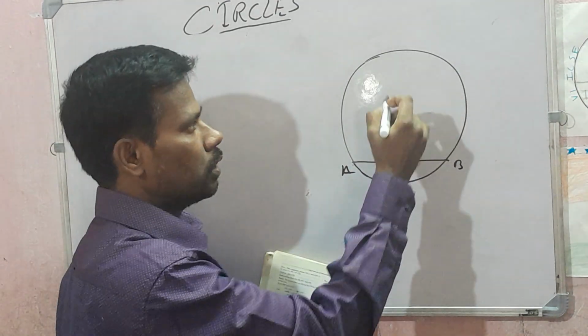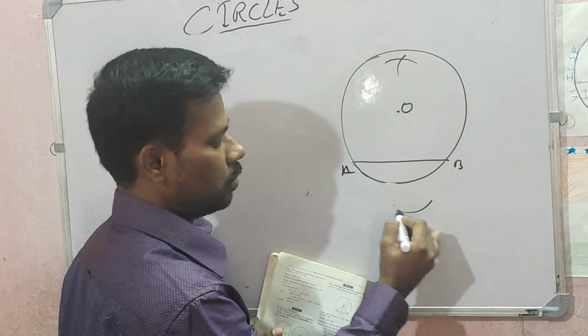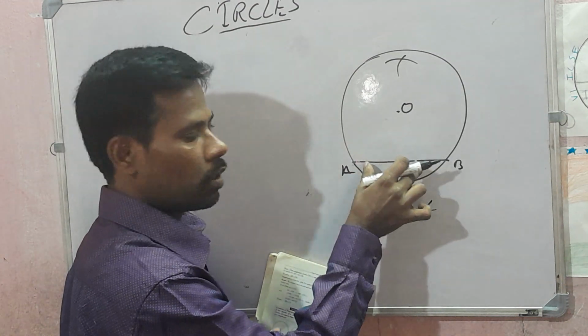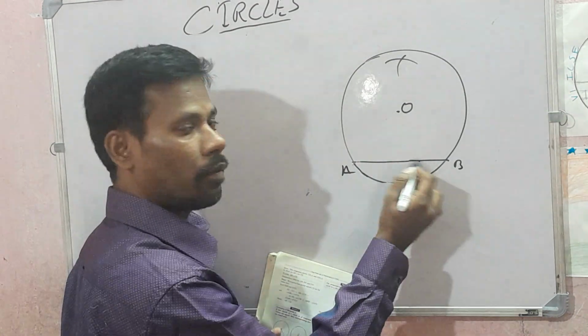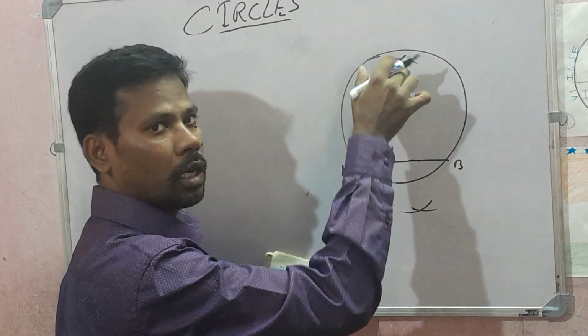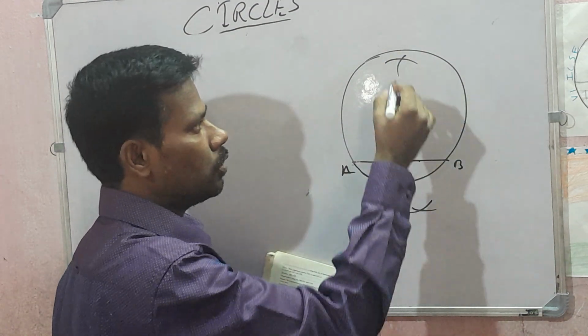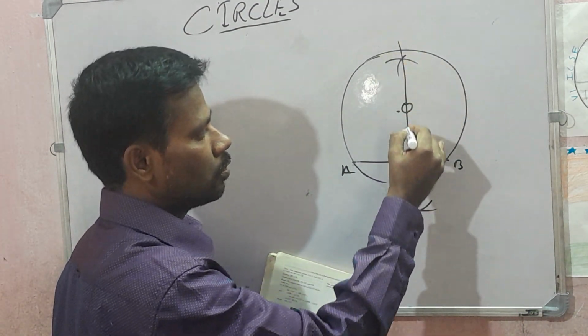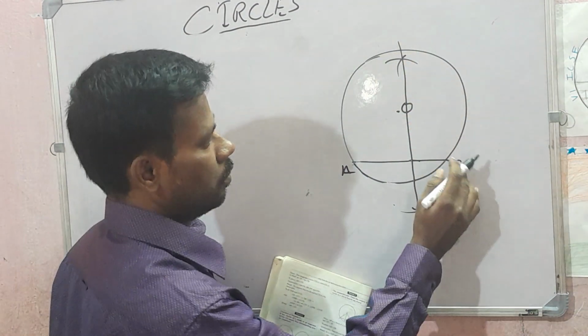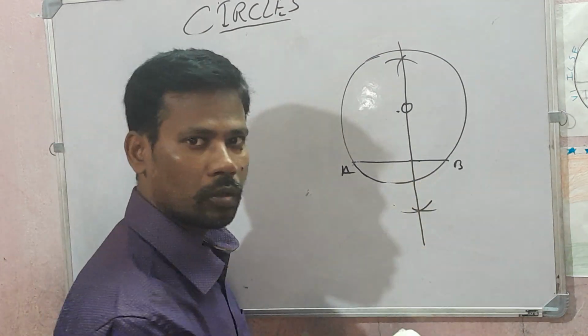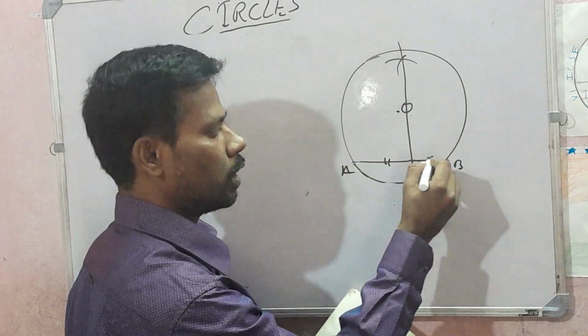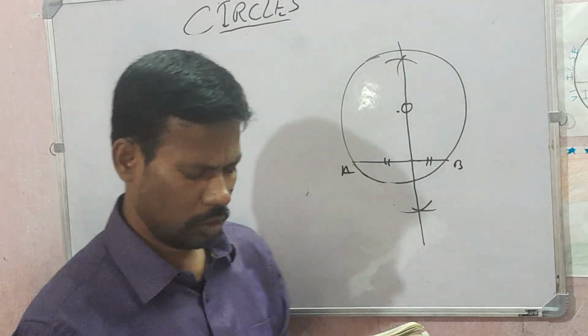Take the compass and take a measure which is more than half of this length, then draw arcs like this from here and here, and join these two. This is just a rough diagram, don't take it as exact.